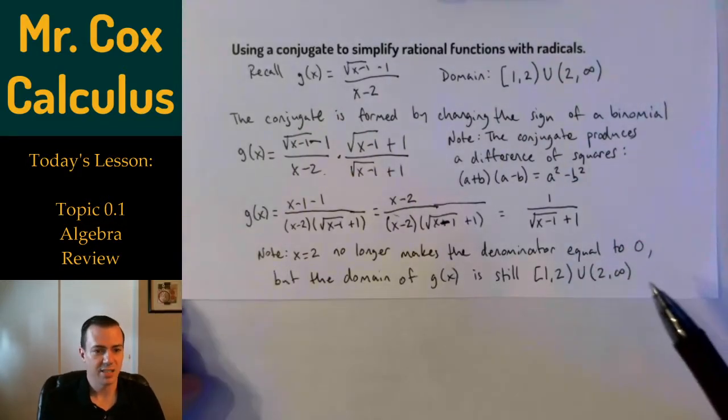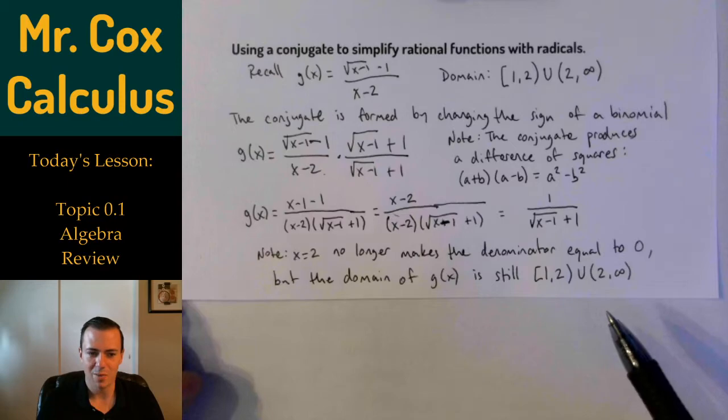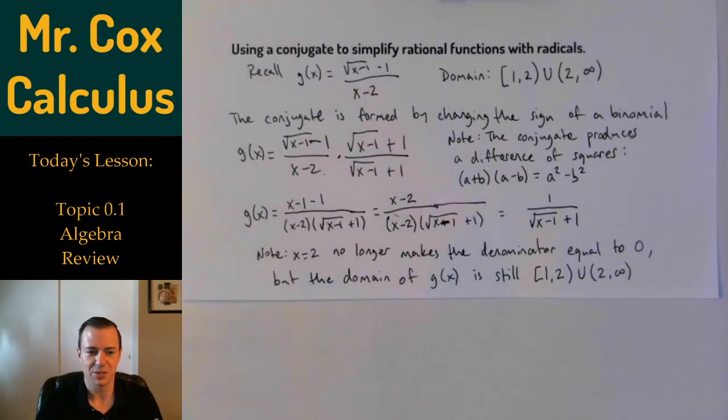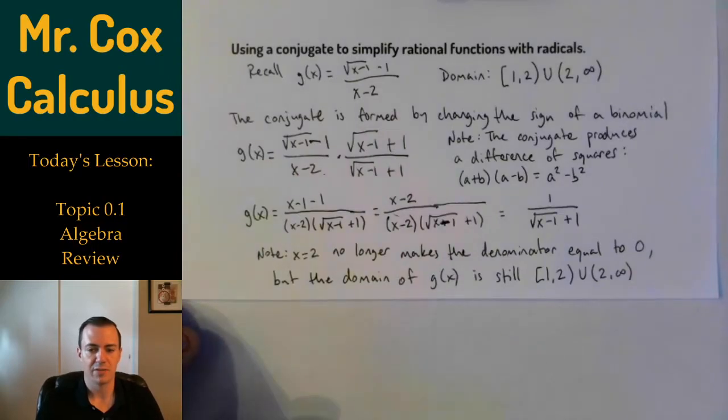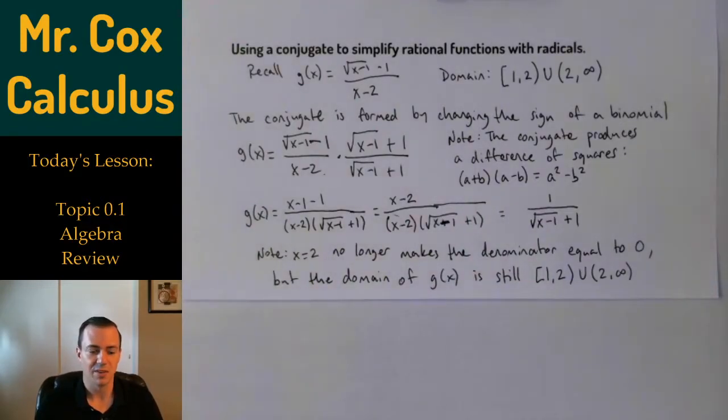Now then, one of the things that comes up in calculus, we will talk about x equals 2 because something special is happening there. But it is not a part of the domain of the function, even though I was able to rewrite it in a way where 2 was no longer giving me a 0 in the denominator. So it still has to be excluded from the domain, but in calculus we'll actually talk about something very special that happens at x equals 2.